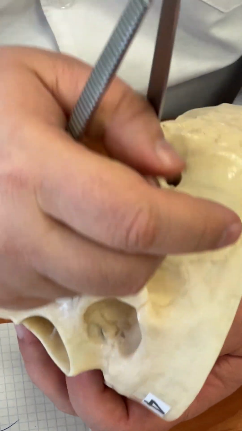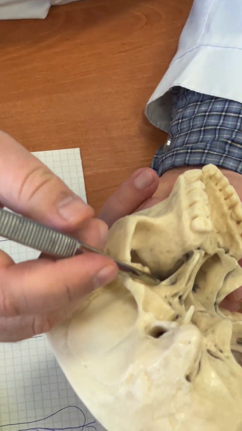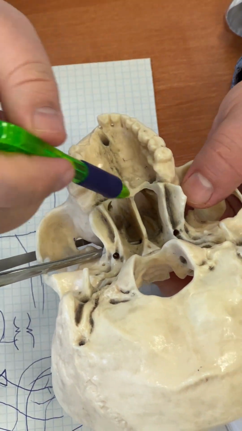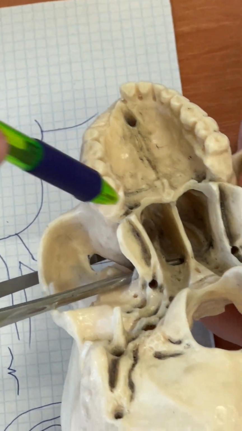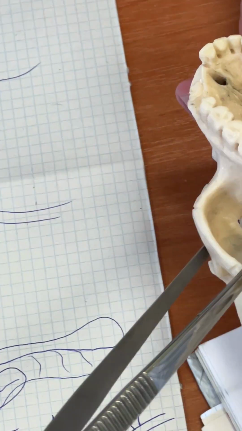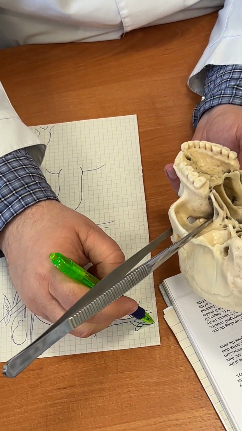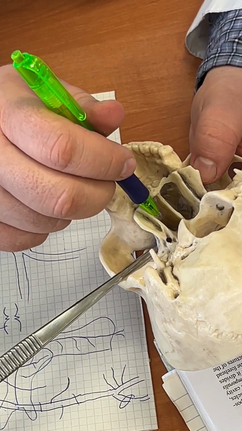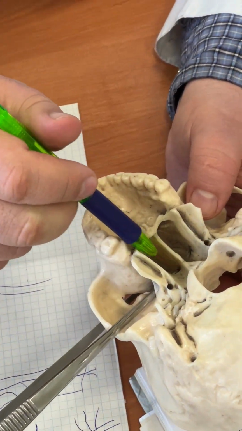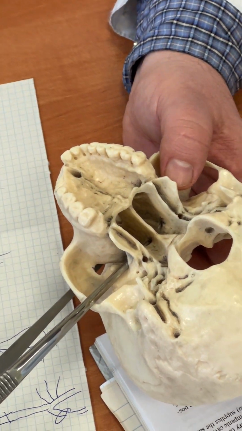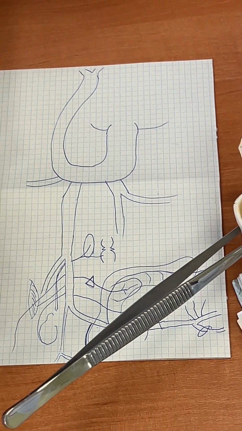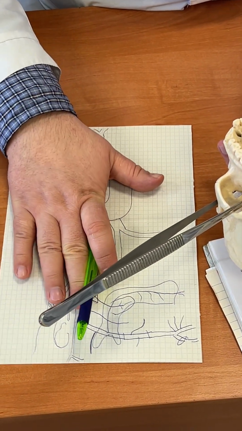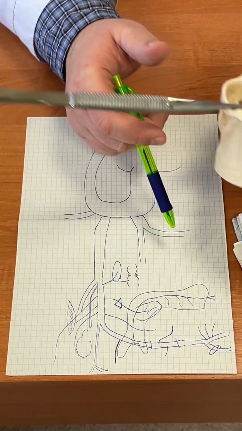This is foramen sphenopalatinum, and from the pterygopalatine fossa it goes into the nasal cavity through foramen sphenopalatinum, and here it gives arteria nasalis posterior, and it gives arteria palatina descendens, the palatine artery, which supplies the hard and soft palate. Not necessary to draw it, this diagram is only for your understanding.